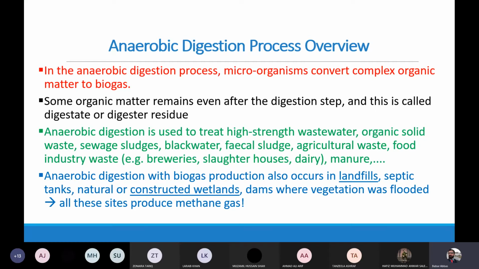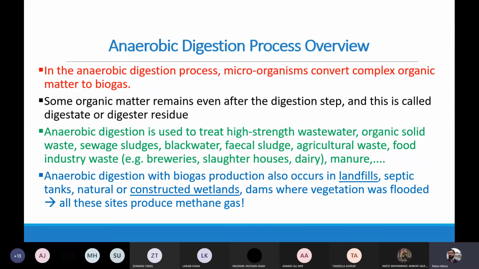Most of the time, you are converting a fraction of your solid waste into the biogas, and the rest of the solid waste settles down at the bottom of your digester or the reactor, and obviously it is a stabilized content of the solid waste, and it has been converted into some other product which is called slurry, or you can also say a type of compost, anaerobic composting, and it can be applied as a fertilizer to the vegetation. Anaerobic digestion is used to treat high strength wastewater.